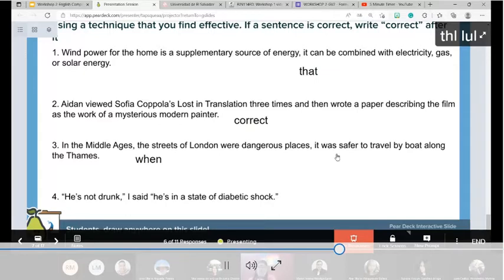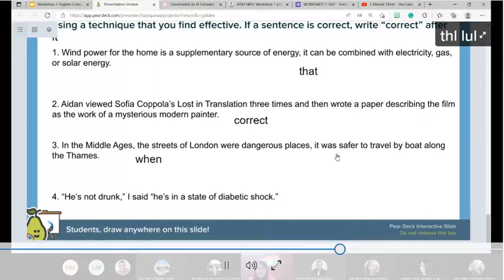He's not drunk. I said. Listen to the pause. He's in a state of diabetic shock. Because sometimes when we are writing, we think about the pauses, but we do not add the punctuation to our sentences. He's not drunk.